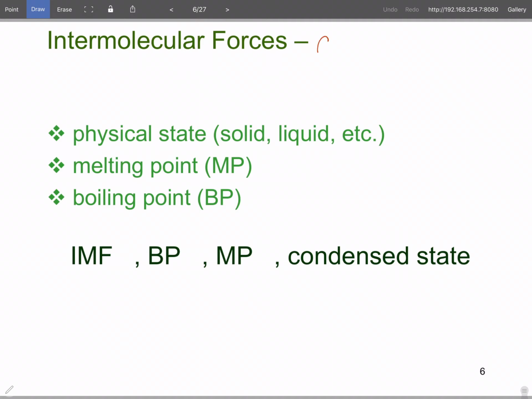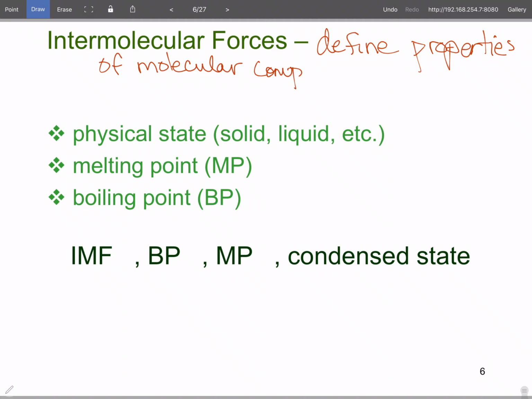Now, intermolecular forces will define a lot of properties of a molecule. So when we talked about properties of atoms, we talked about protons, neutrons, and electrons. But here we're looking at the molecular compound, and so we want to be able to compare them. Okay, now what do they affect? Intermolecular forces, and remember, I'm going to call them IMF, will have an effect on the physical state, whether something is a solid, a liquid, or gas, etc. It'll have an effect on the melting point and the boiling point of any variety of compounds.